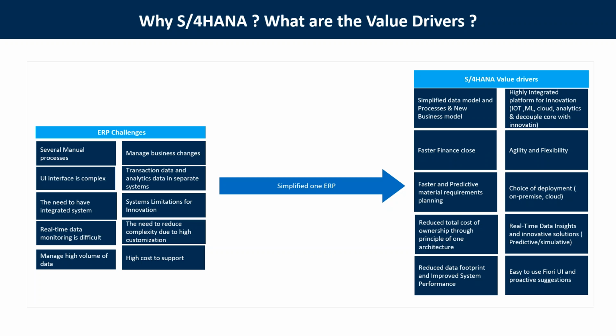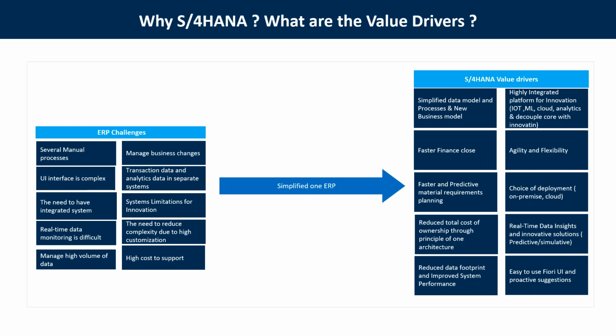Using the cloud platform, you can also decouple your S4 core with any other innovation. So this will basically help you in any kind of upgrade. If you want to upgrade to a higher version, this will help you to not disturb your core, so that you can achieve your innovation, which in turn leads to more agility and flexibility. But that's what is needed in any IT system, right? You need to have an IT system which can quickly change and adapt to the business changes.